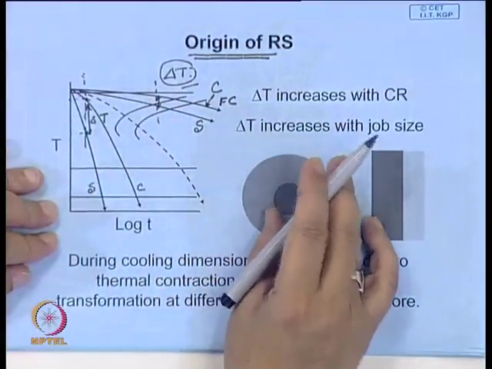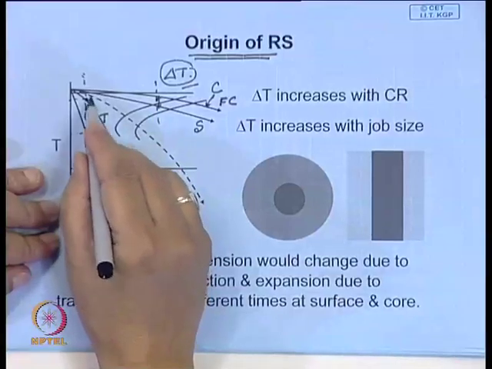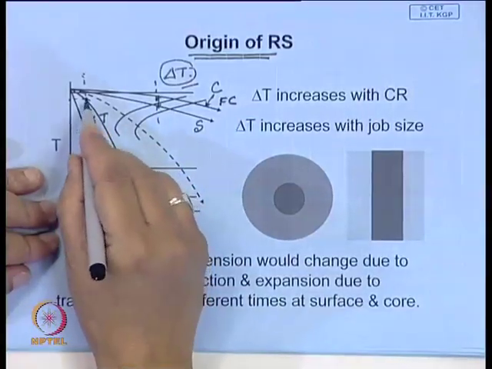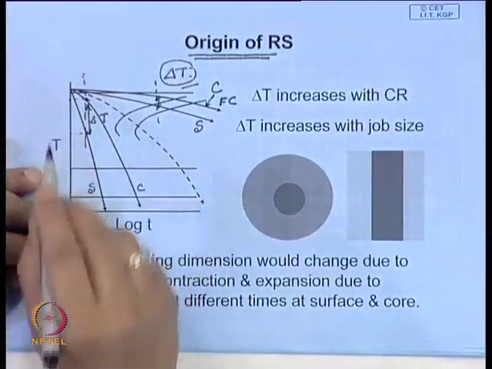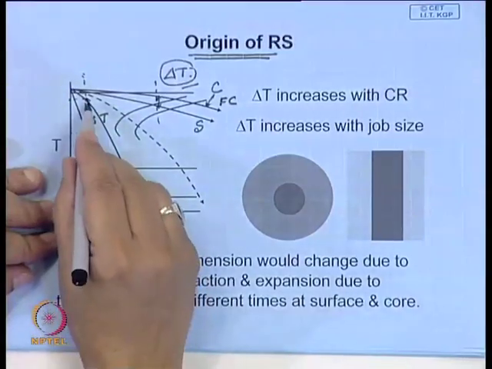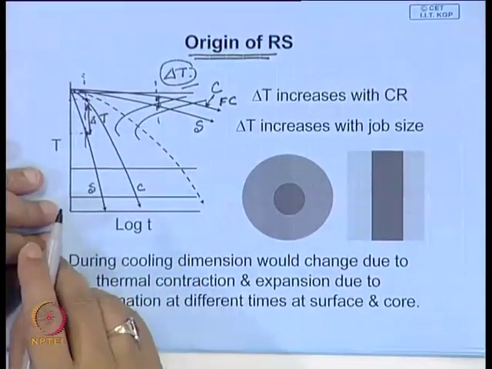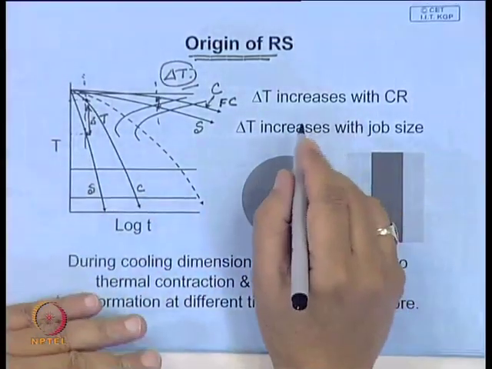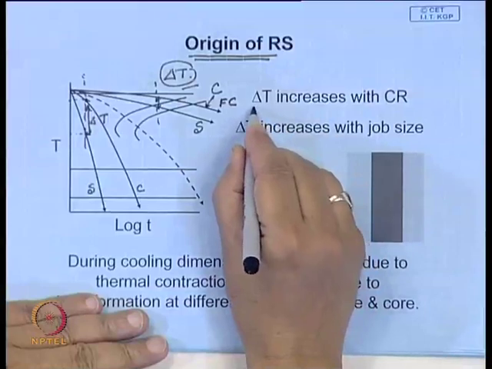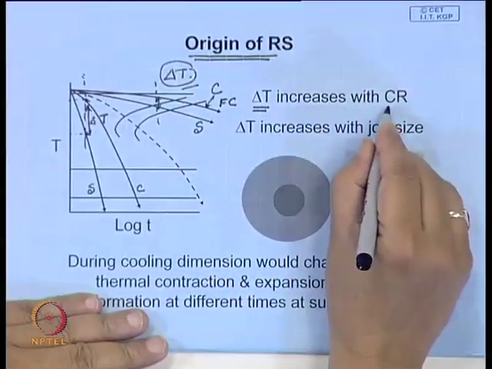There will be some deformation because of the temperature difference, and due to this temperature difference there is a difference in the magnitude of the material property, that is, the yield stresses are different. And one can say that this delta T will increase with the cooling rate.